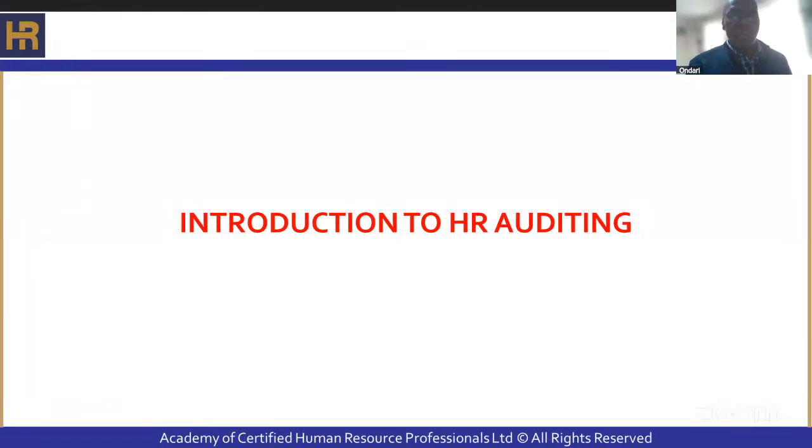With that in mind, we are able to ensure that our department is working very well and that we are achieving our objectives. In that regard, we need to ensure that we conduct this process in a systematic and effective way. As we shall mention in the next few minutes, we will be able to see how we can conduct this in a systematic way to achieve our organizational objectives.